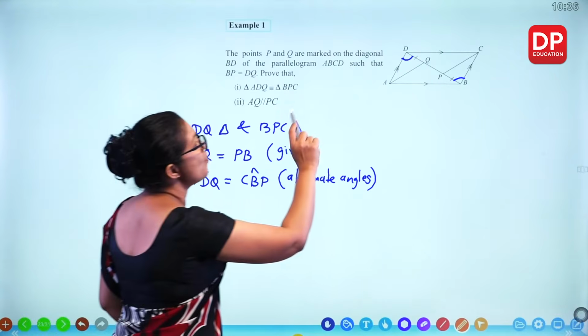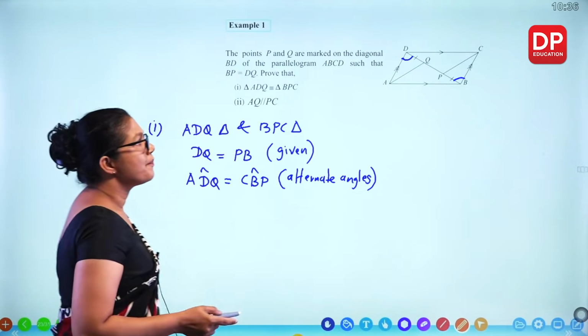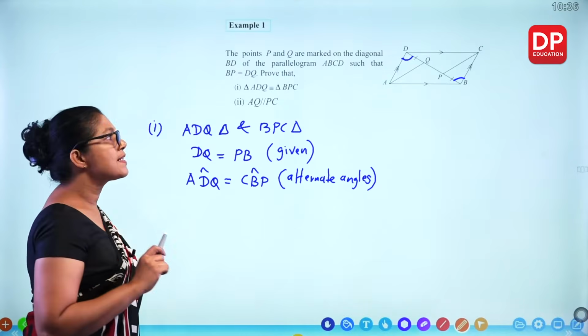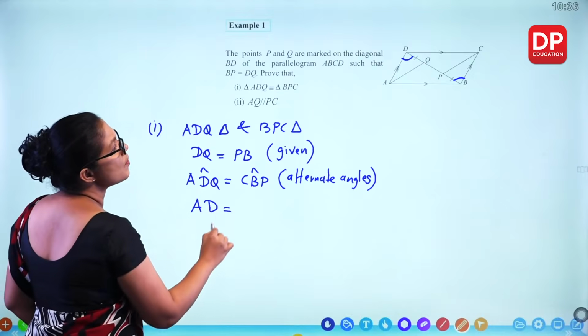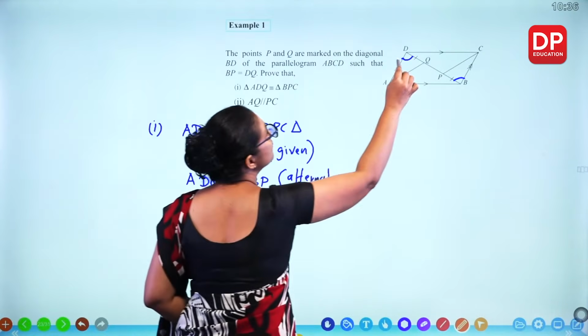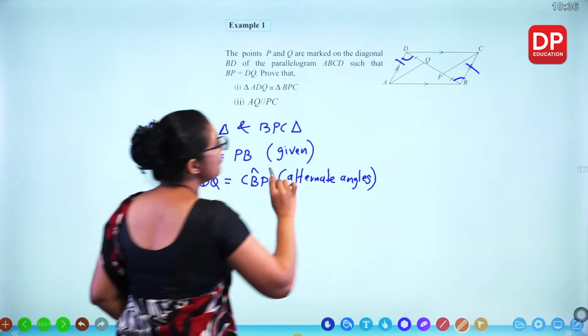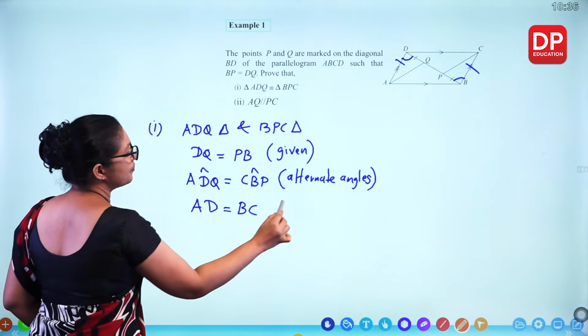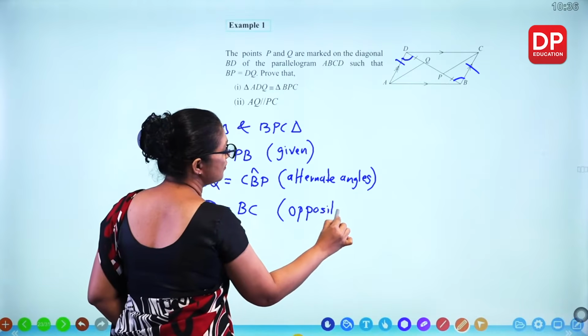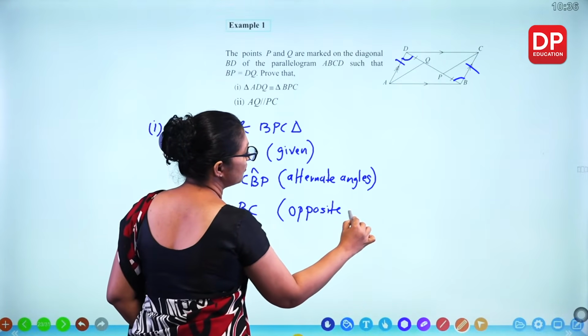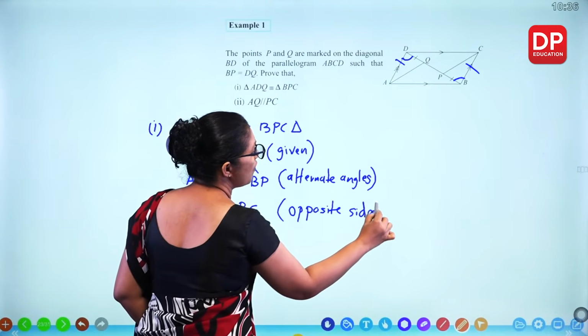Now also we know ABCD is a parallelogram. Then what can you say about the opposite sides? I can say AD is equal to BC. Opposite sides of a parallelogram.